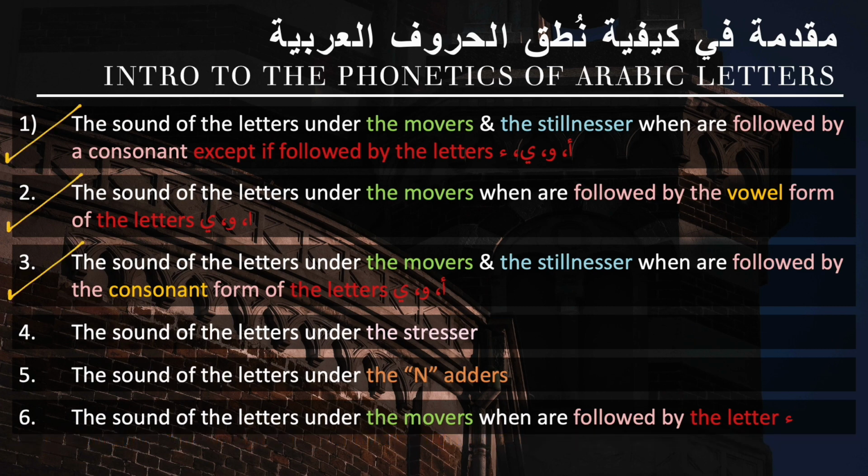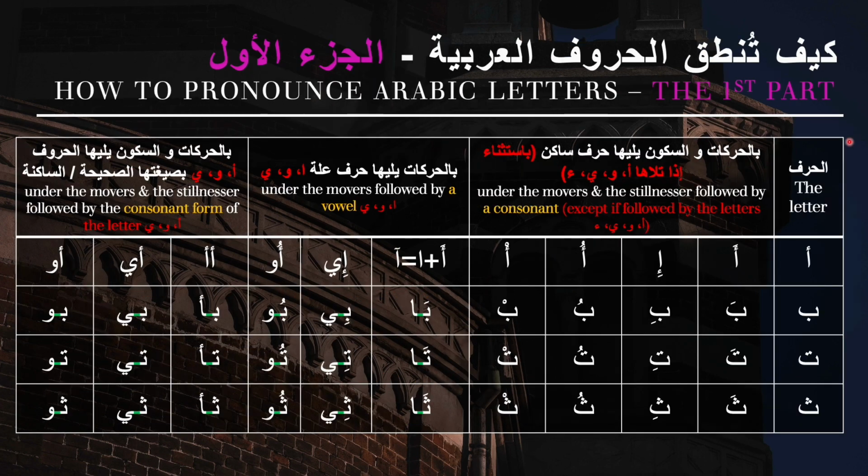Now, let's go with studying how to pronounce the Arabic letters under the movers and stillnesses. In this table, I designed the columns to show first each letter shape, and then how to pronounce the letter under the movers, al-harakat, or the stillness, as-sukun, in different situations.